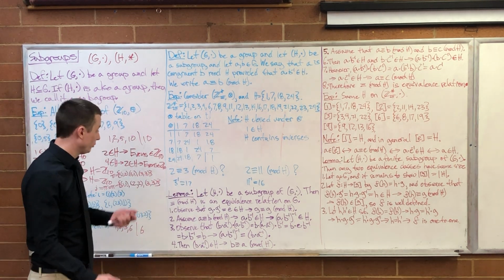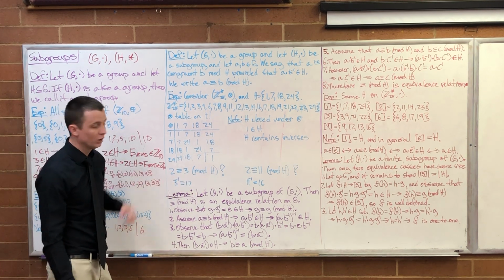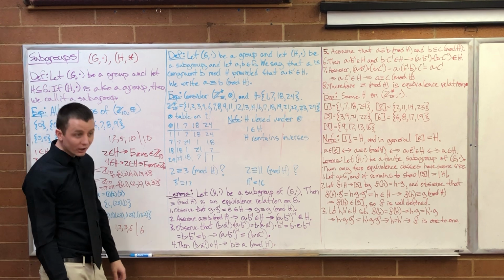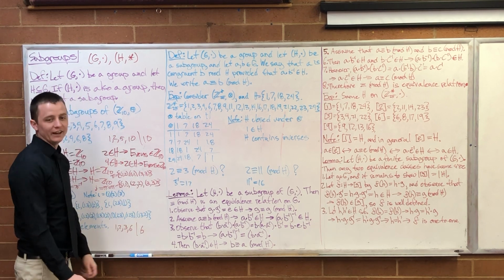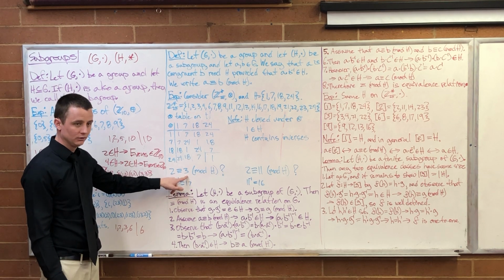Now, the really weird, awkward part is 2 congruent to 3 mod H. What? To save time on the algebra, I already wrote down the inverse of 3.